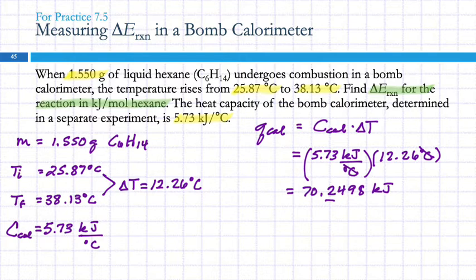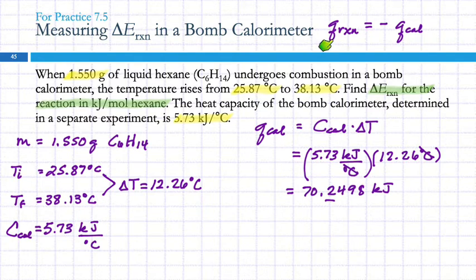What's the relationship between Q for the calorimeter and Q for the reaction? The heat lost by the reaction is absorbed by the calorimeter. So their magnitudes are the same, but they are opposite in sign.